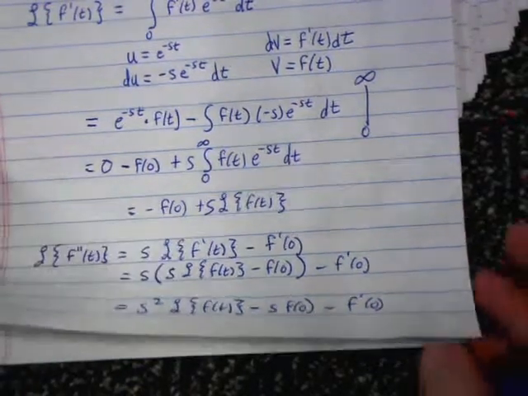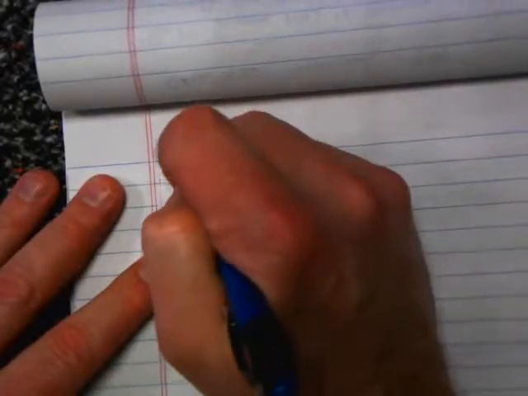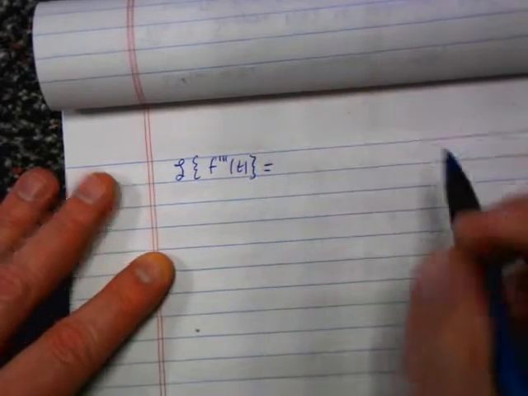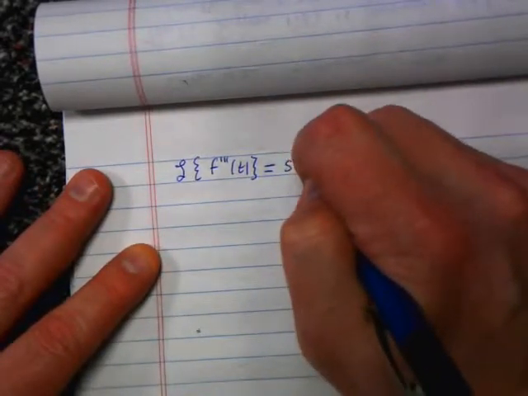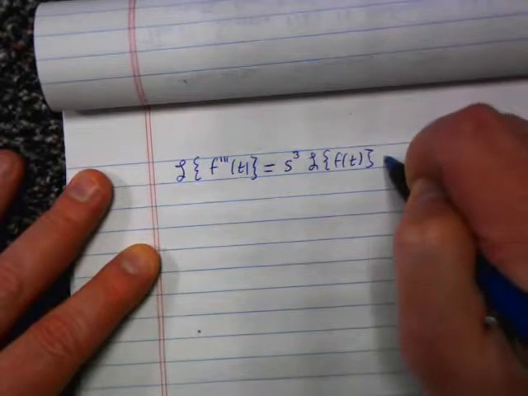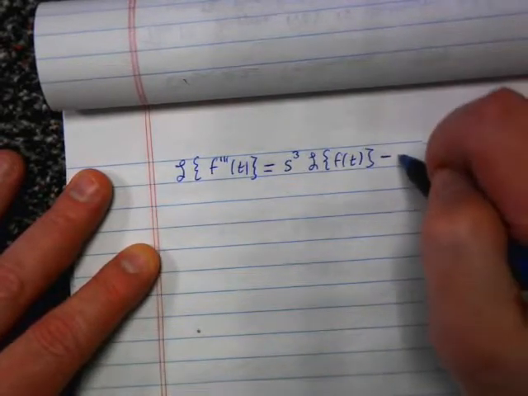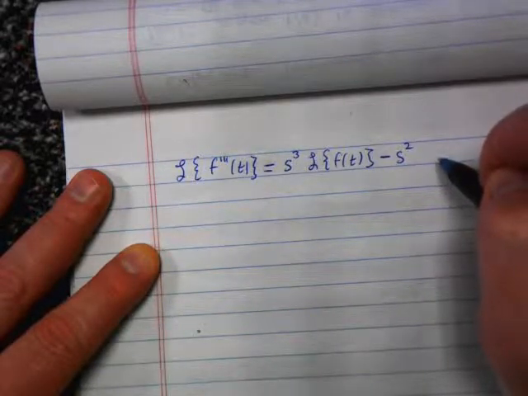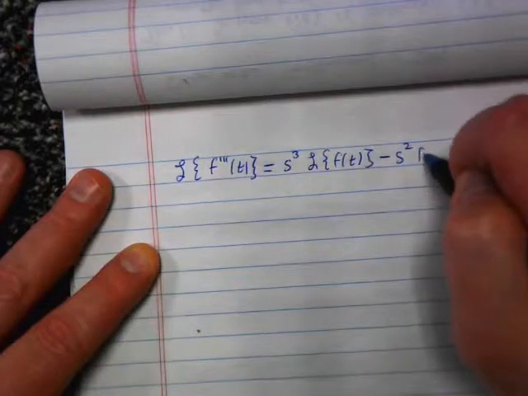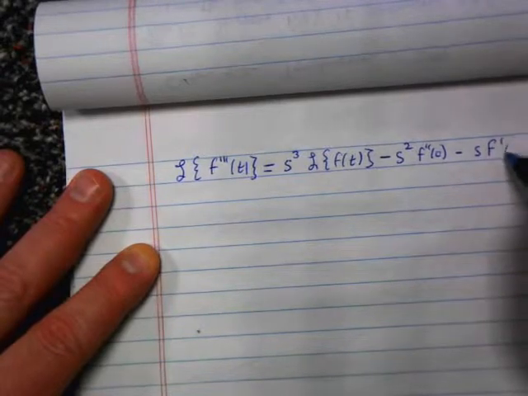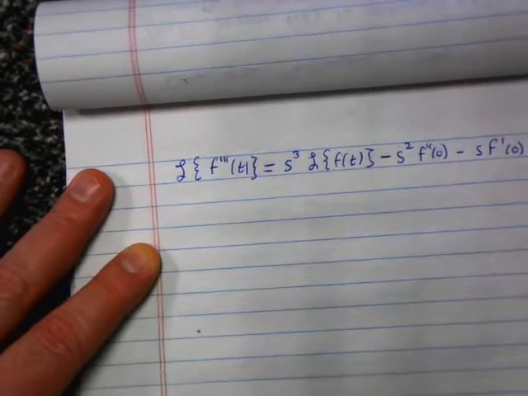If I wanted the Laplace transform of the third derivative, I would end up with s cubed times the Laplace transform of the original function minus s squared times what? F double prime at 0. Yep. Minus s times f prime at 0, minus f of 0.